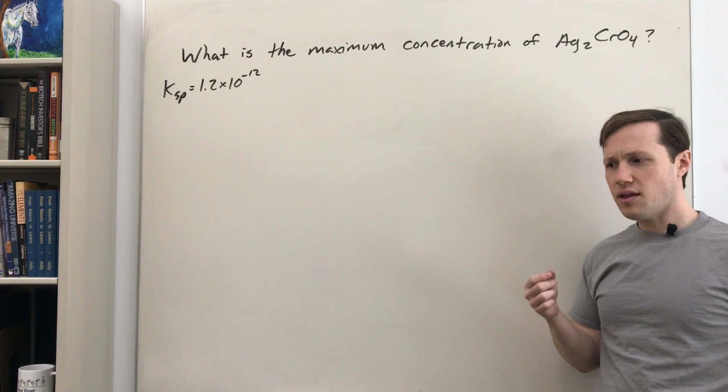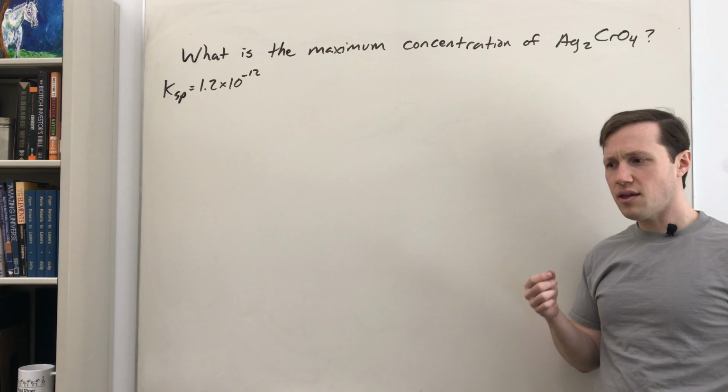Okay, what else do we know? Well, we know that if we're trying to figure out how much dissolves, to begin with, nothing dissolves. We also know that these are linked together stoichiometrically. For every 1 mole of chromate that dissolves, we also have to dissolve 2 moles of silver.